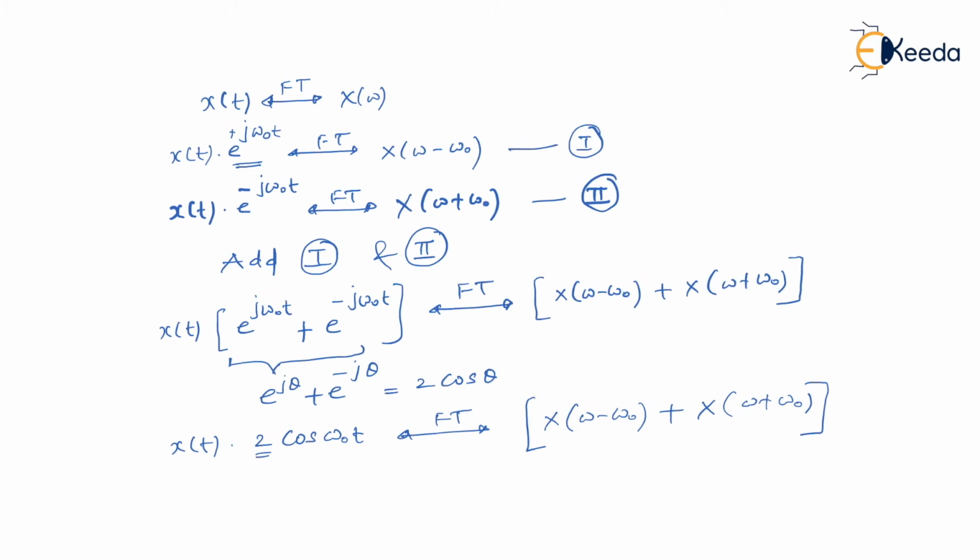So I can shift this 2 as a constant part to right hand side, and I can rewrite this property as x of t when multiplied with cos of omega naught t has got a Fourier transform as 1 by 2 X of omega minus omega naught plus X of omega plus omega naught.